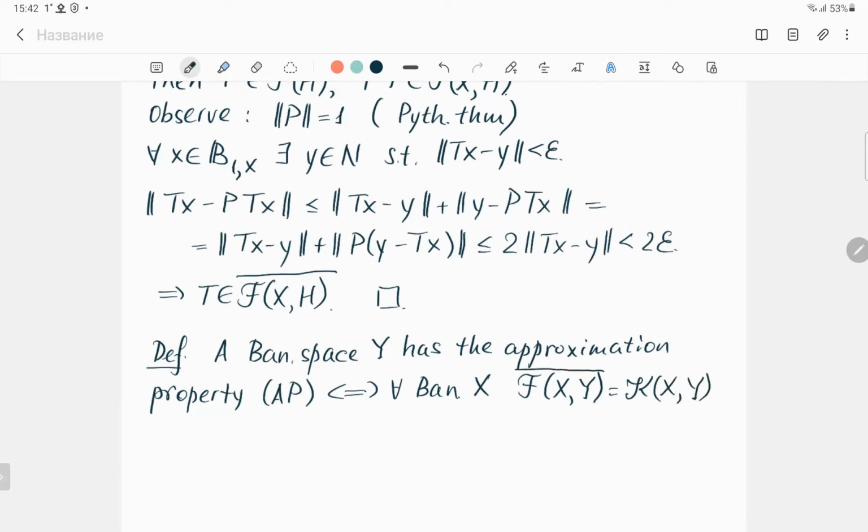So each compact operator from X to Y can be approximated by finite rank operators.